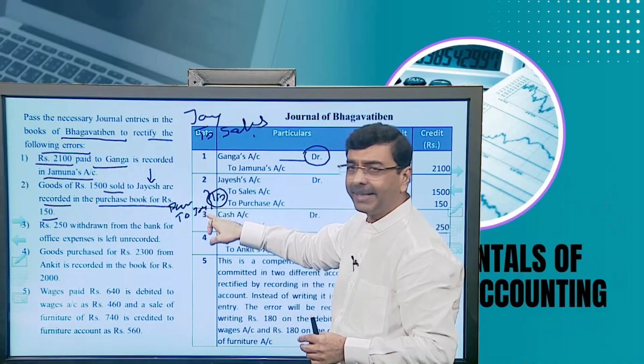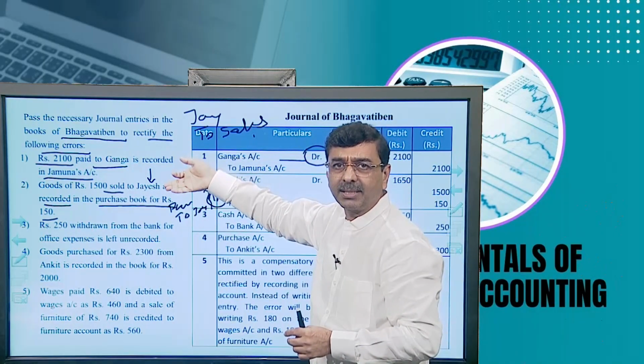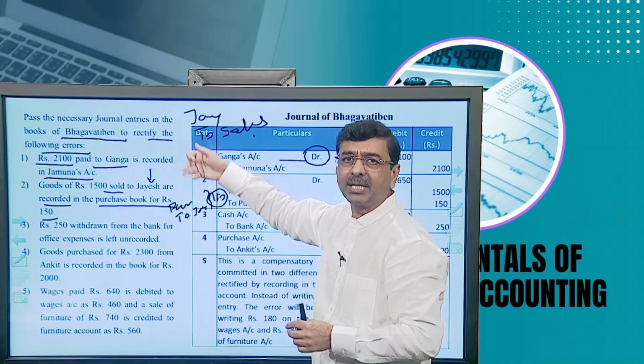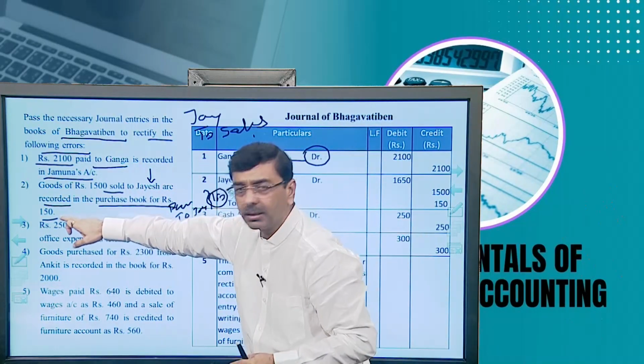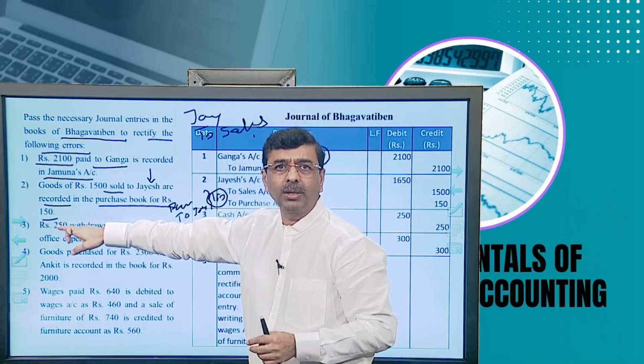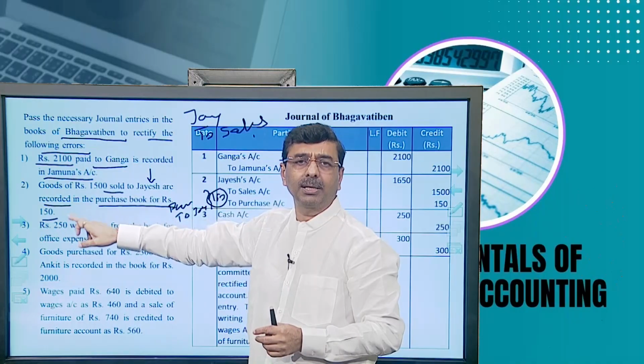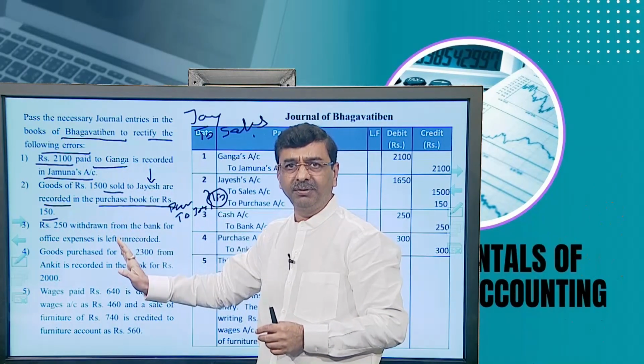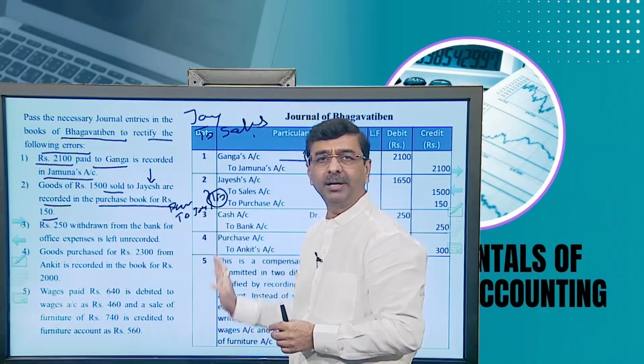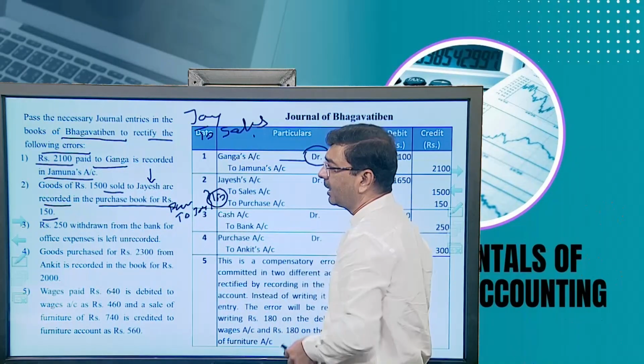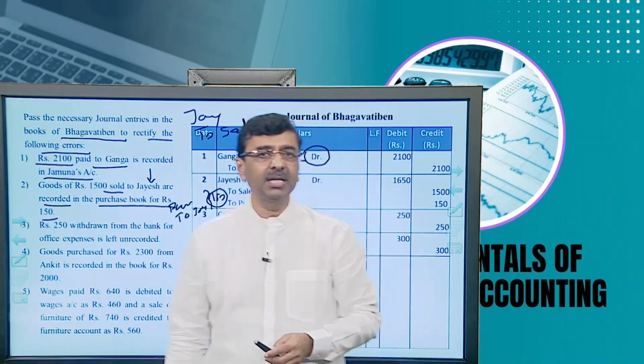Here it was wrongly credited, so we have to rectify Jayesh account and the wrong entry has to be reversed. So Jayesh has to be debited, but because of the wrongly recorded 150 in Jayesh's account, that has to be reversed too. So the total Jayesh account debit is 1650.